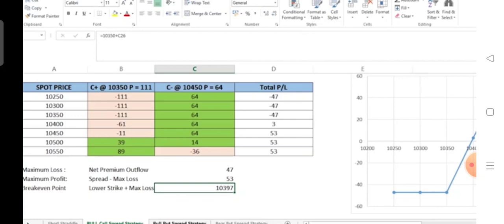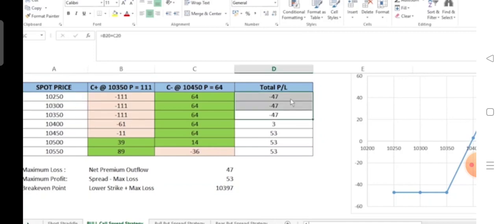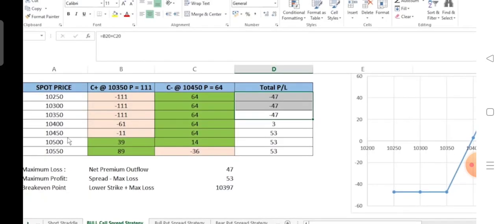So a bullish call spread strategy is done when we are mildly bullish. Obviously we can see from this table, if the price goes down below 10,350, we are incurring a fixed loss of 47 rupees. And as the prices increase, because we are bullish, the profitability increases, and after 10,450, our profit is stagnant at 53 rupees.